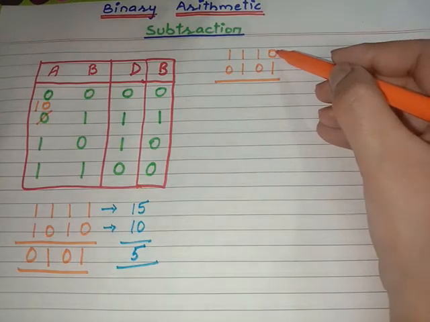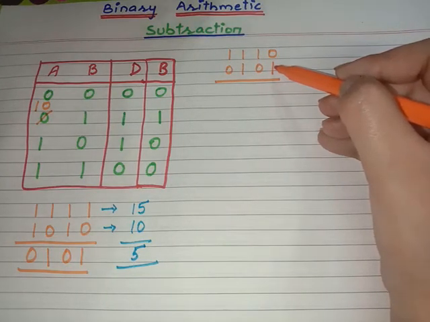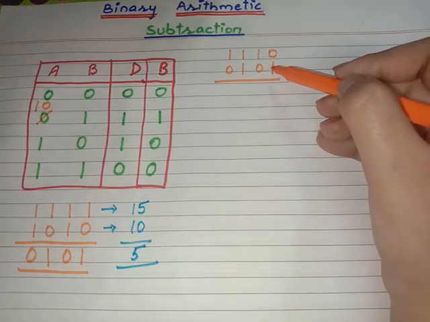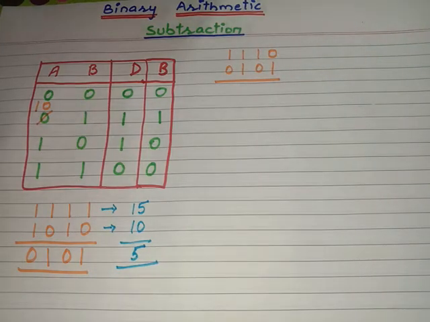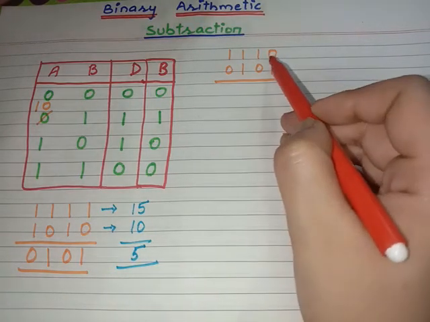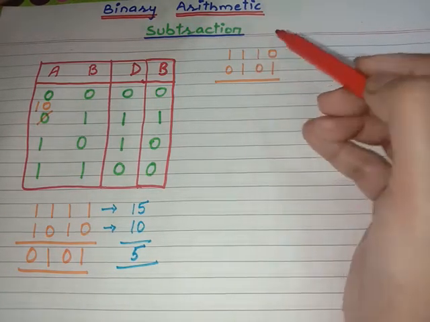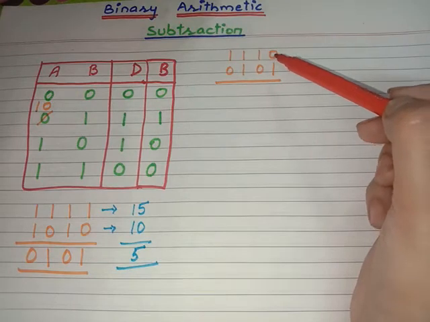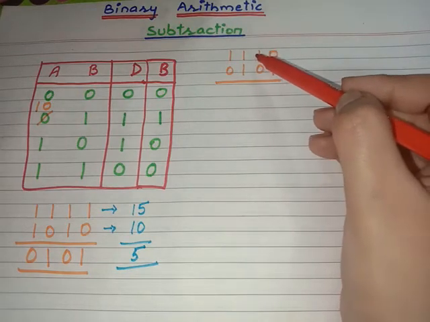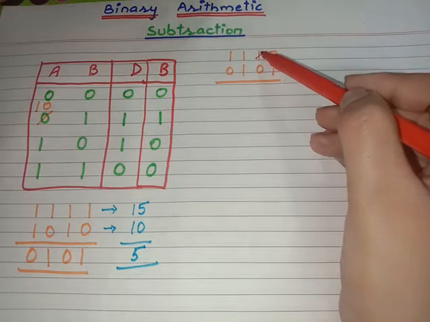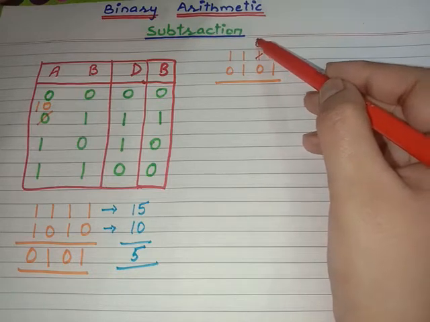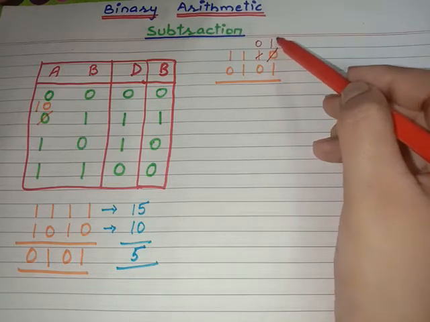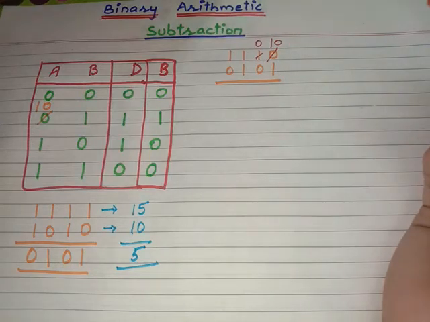Here, 0 minus 1: if you subtract a 1 from 0, you have to take the borrow from the next digit. When you take the borrow from the next digit, this 1 will become 0 and this 0 will become 10 after taking the borrow.